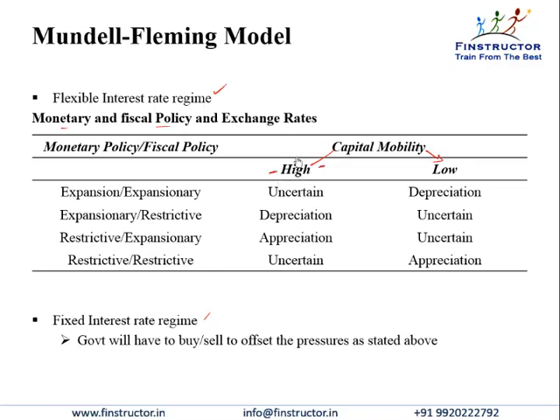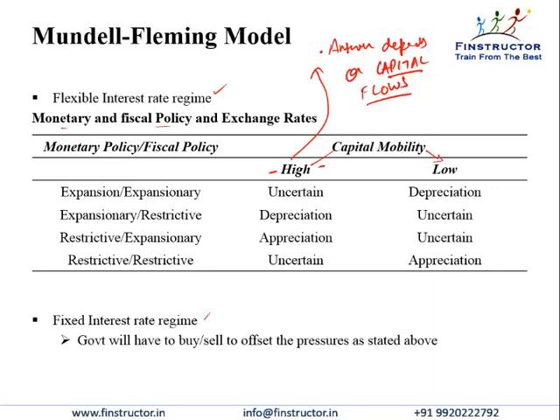Remember, in high capital mobility, whatever our answer is, appreciation or depreciation, it will depend on capital flows. So before answering, you have to see what impact the action will have on capital flows, and hence whether the currency will appreciate or depreciate.